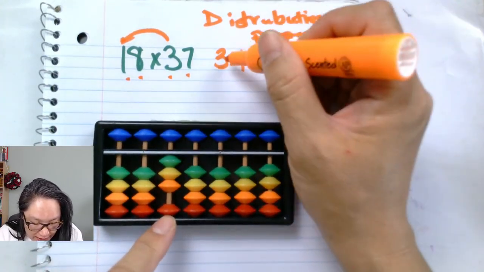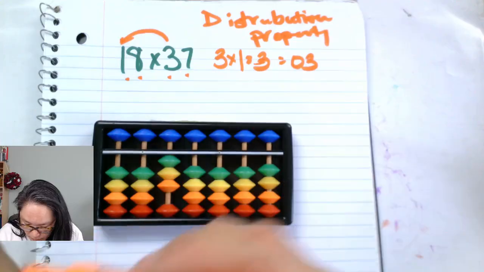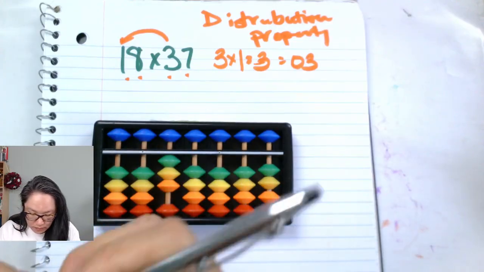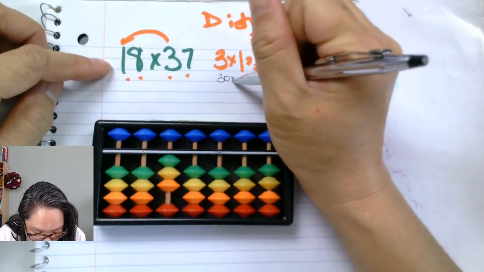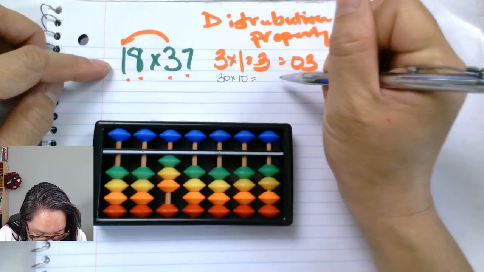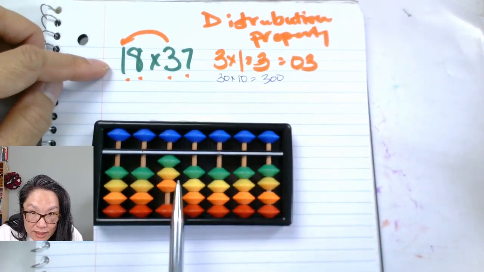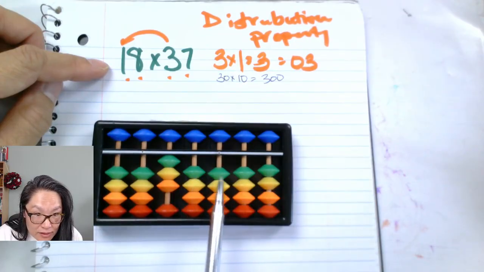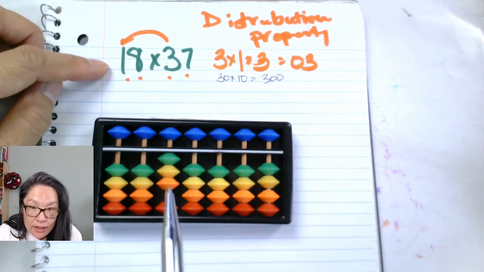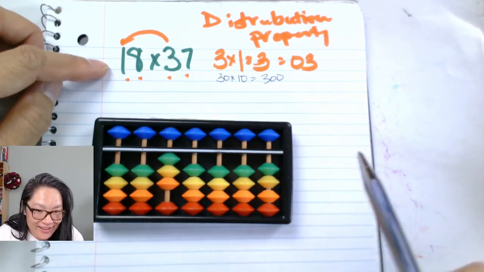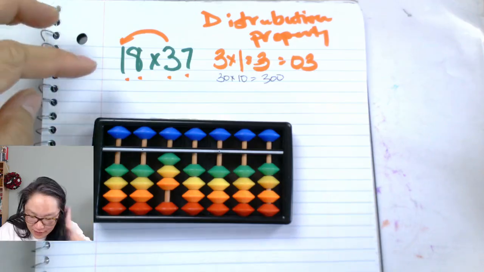What's our next one? 30 times 10 is equal to 300. But if you notice, I already have 300 on my abacus. I don't need to write it out. I trust my abacus. You gotta trust your abacus. Okay, what's next?